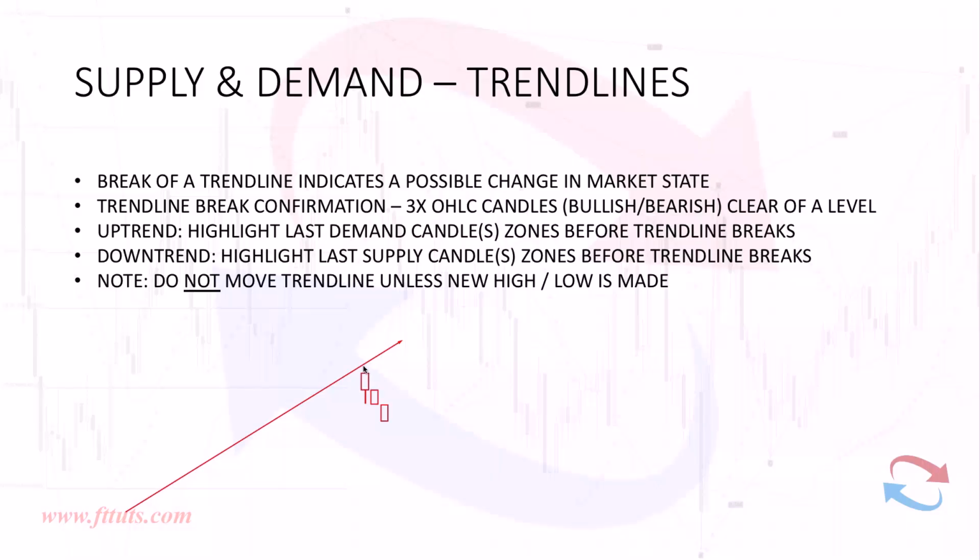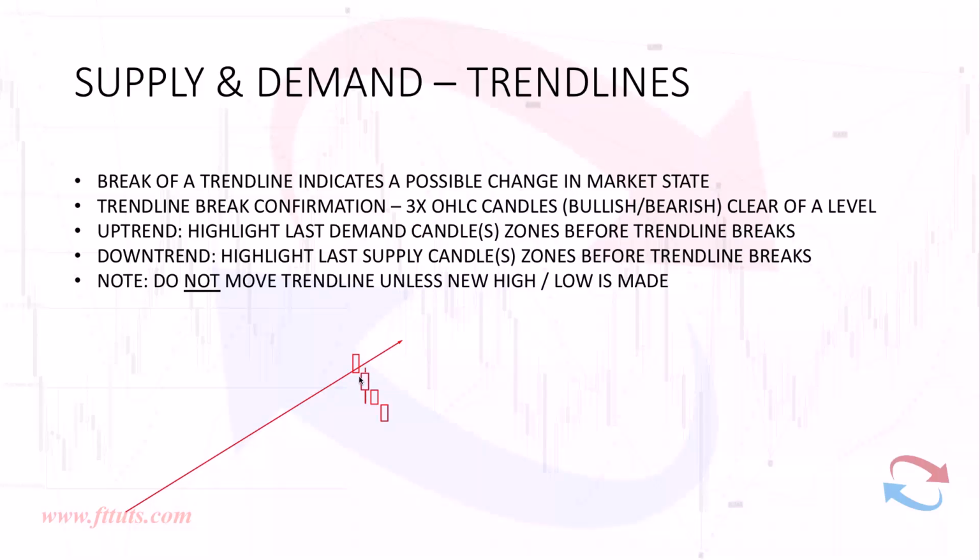If the candle wick is touching the trend line, or is above the trend line, let's say, for example, so this is what I would consider to be clear. So let's say, for example, we had another candlestick here. We would count 1, 2, 3.